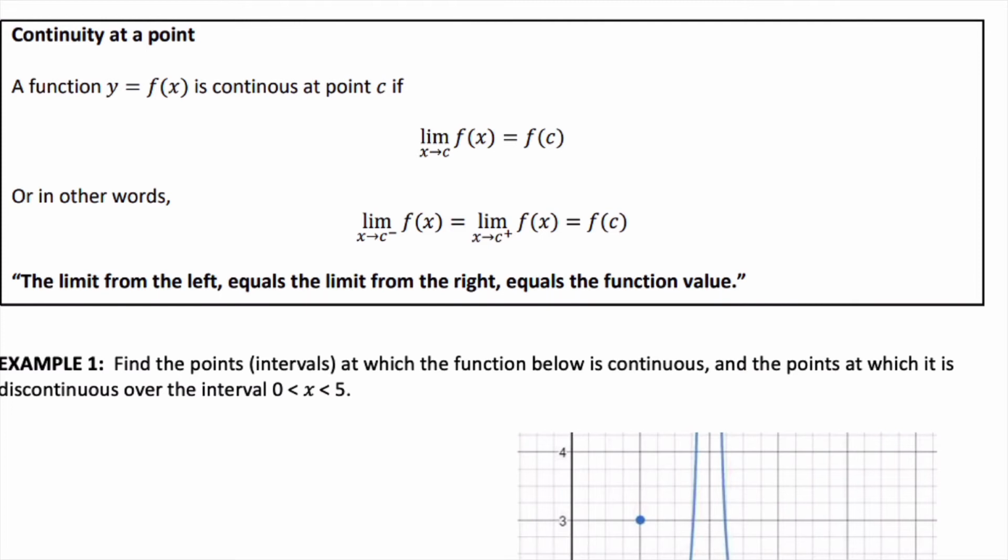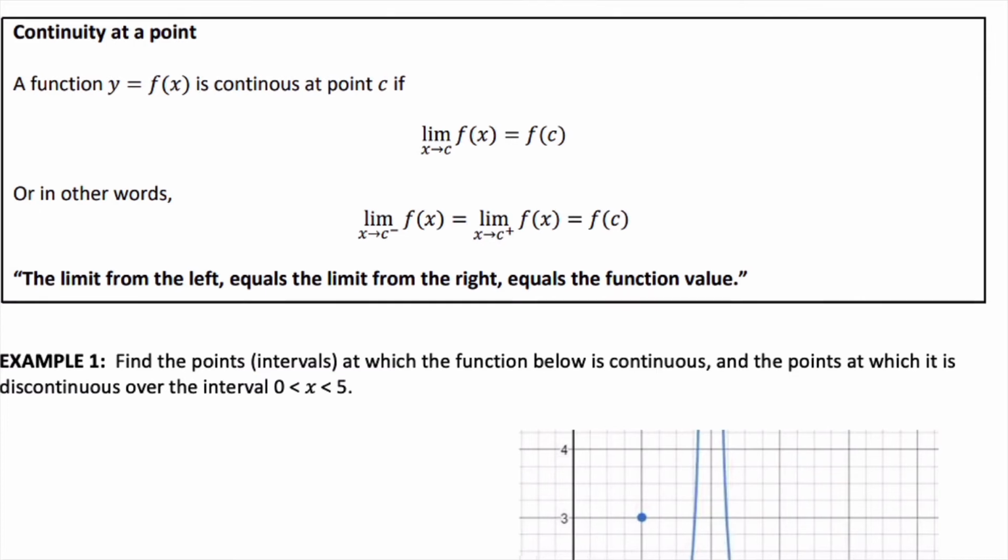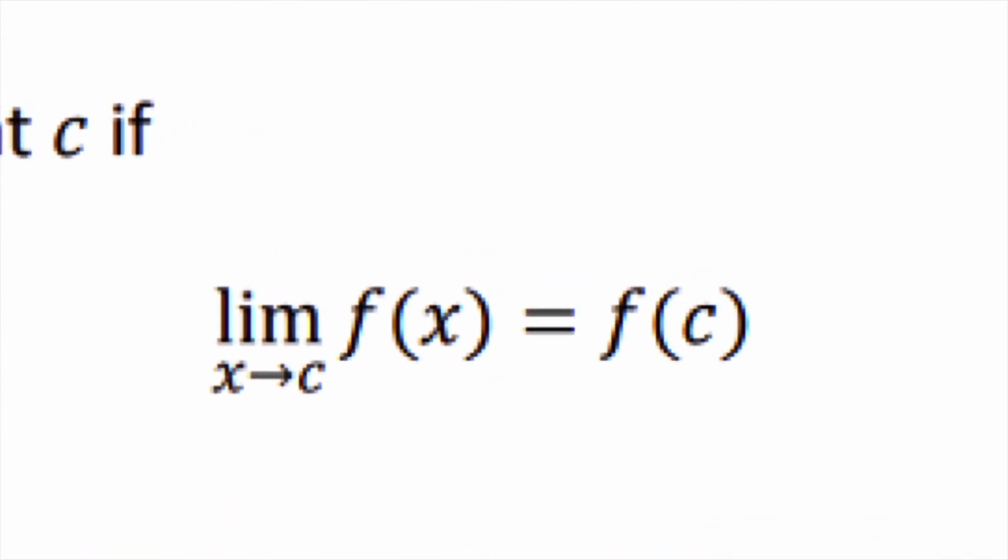This is the correct definition. For something to be continuous, two things have to happen, or three things, depending on how you look at it. The limit at a specific x coordinate has to be the same as the answer at that x coordinate. So that's what this says here.